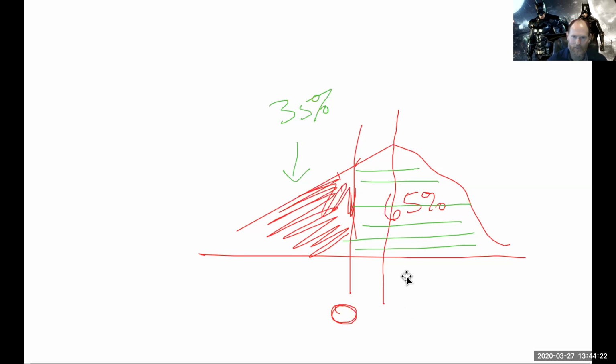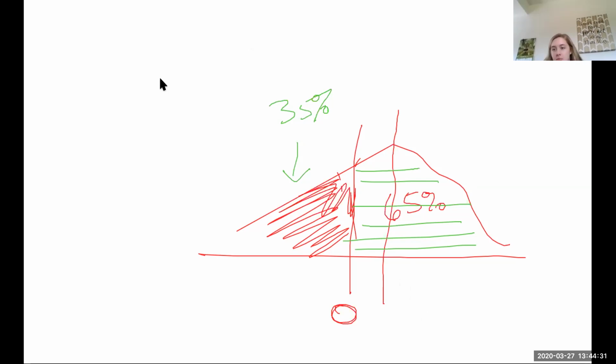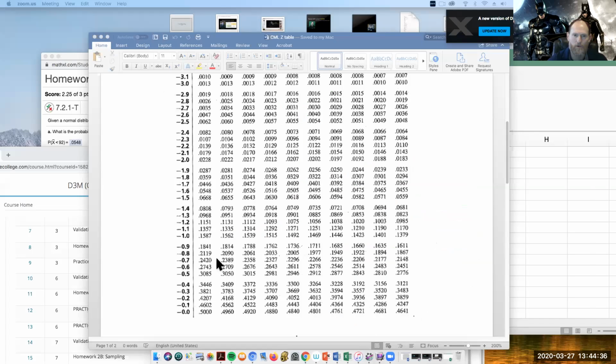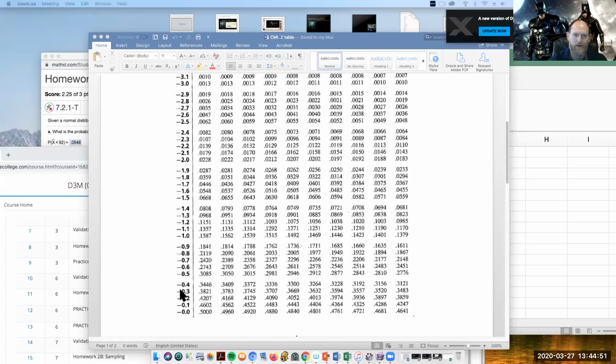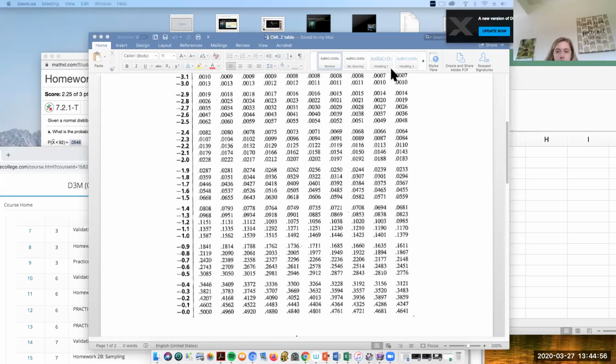All right. Everybody see where I am right now? Everybody tracking on my logic? It's showing the whiteboard. Okay. All right. So if I go into the Z table and I look for 0.35, that is somewhere between these two. And so that corresponds to a Z of negative 0.385.